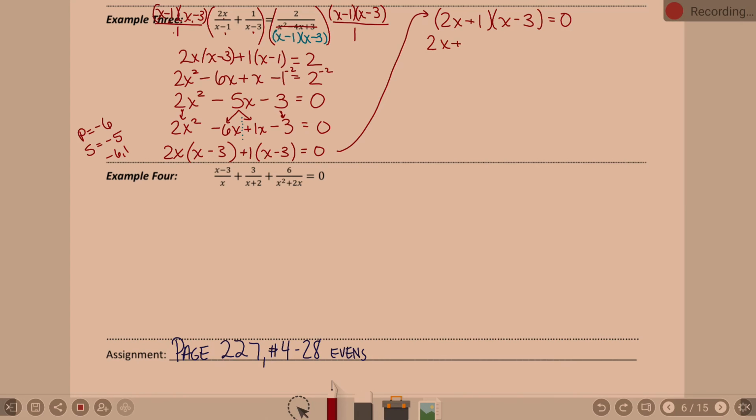So 2x plus 1 equals 0. X minus 3 equals 0. Got some answers? Negative 1. Yep. So 2x equals negative 1, x equals negative 1/2, or x equals 3.